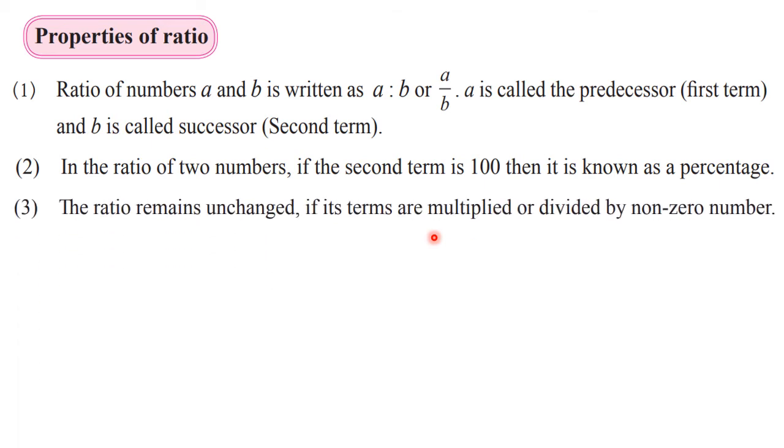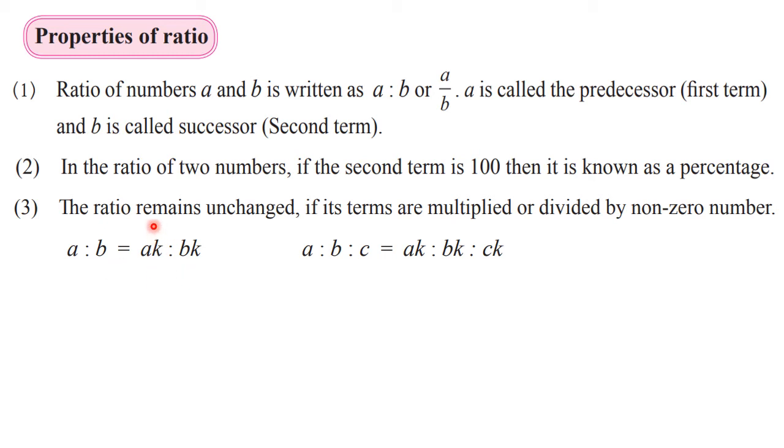Then third property here, the ratio remains unchanged if its terms are multiplied or divided by a non-zero number. That means here both the places we can multiply or we can divide by a non-zero number. Then the ratio remains same, or the value of the ratio remains same. It is unchanged. Let us see how to write this. So ratio A is to B is same as AK is to BK.